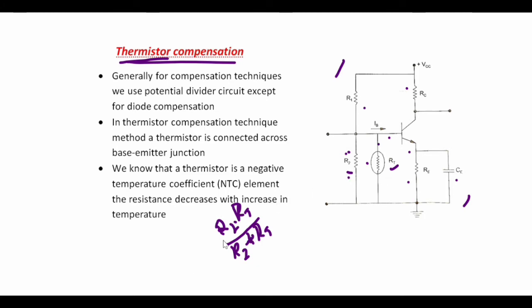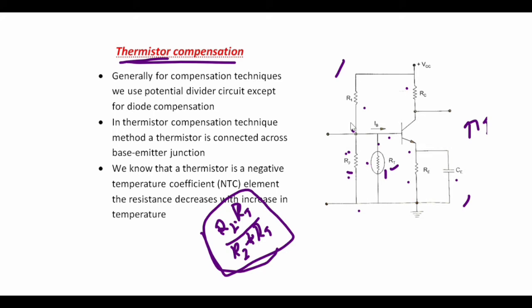After some time, if the temperature increases, then the resistance value decreases. If the resistance value decreases, then the value of the equivalent resistance also decreases. If the equivalent resistance decreases throughout this branch, then the voltage drop across the equivalent resistor also decreases.